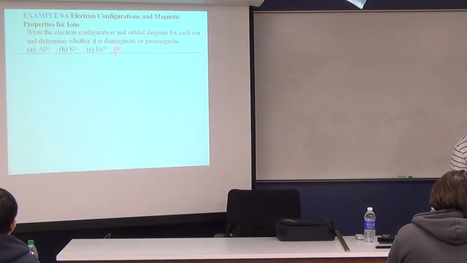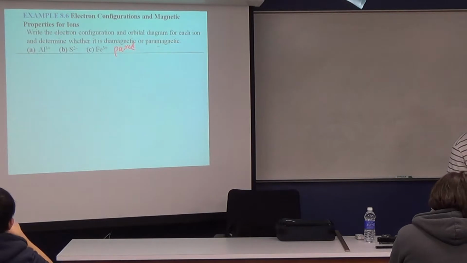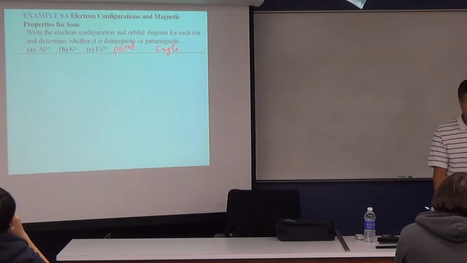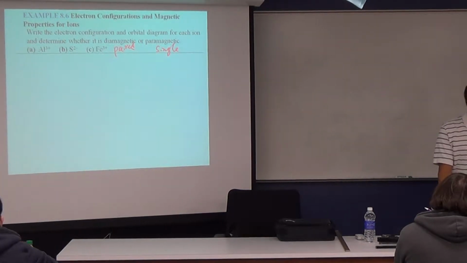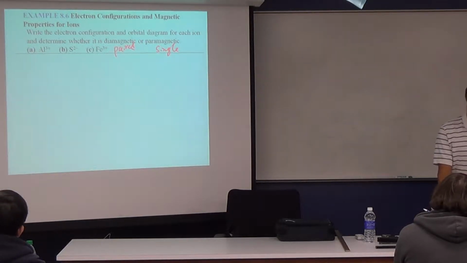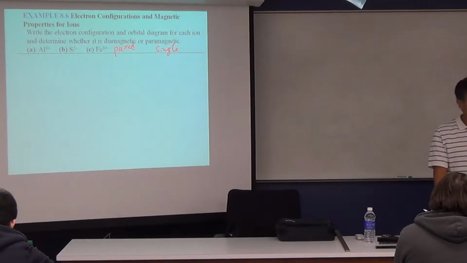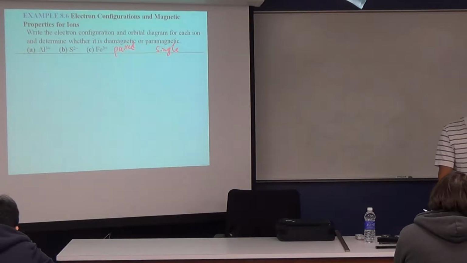If all the electrons are paired up, that is diamagnetic. If there are any single electrons left over, even just one, that will be paramagnetic.